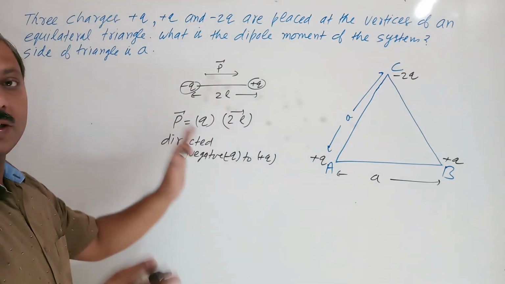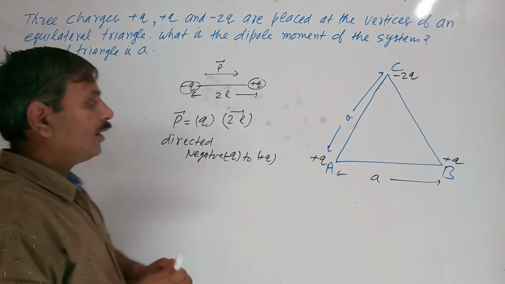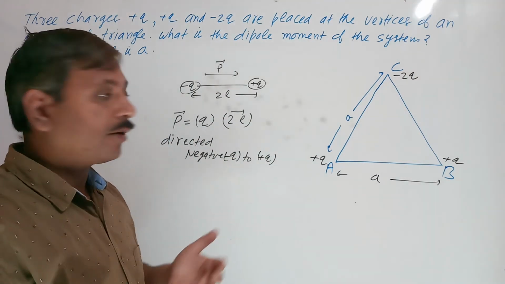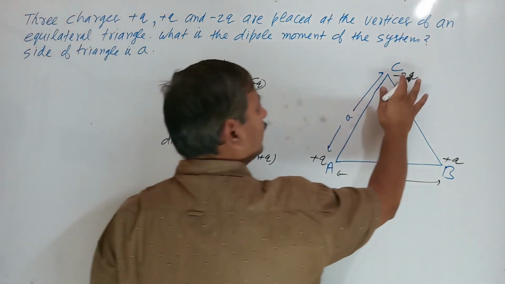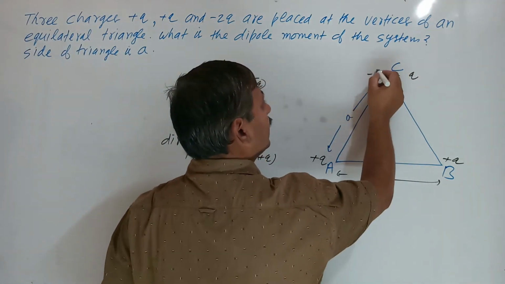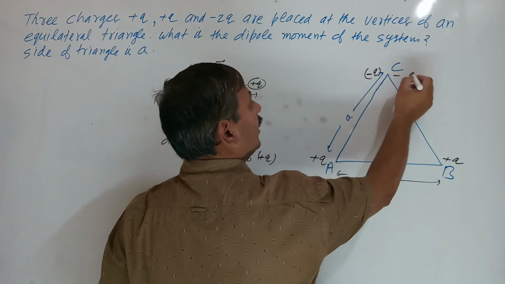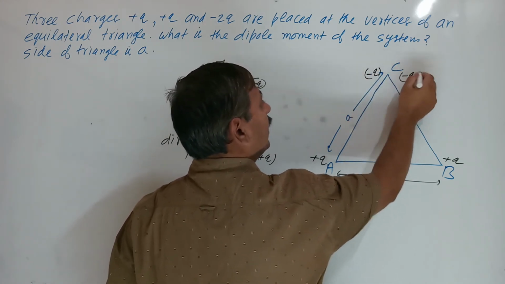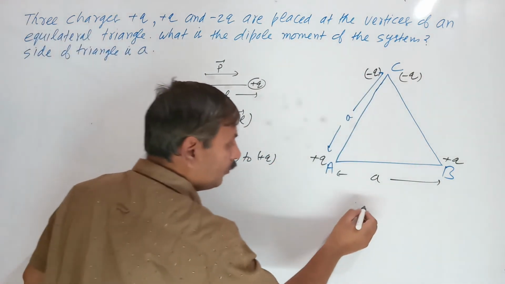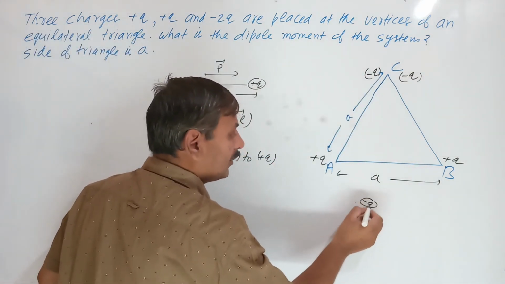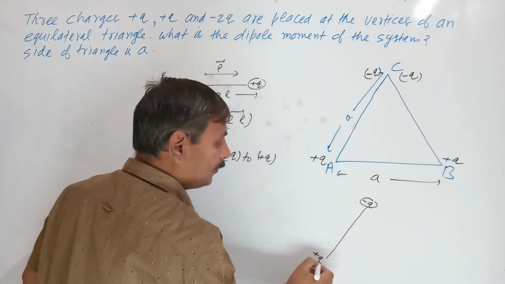Q into 2L. So see, here if you want to convert into two equal and opposite charges, this minus 2Q I can write as minus Q and minus Q, two charges. If I consider them, minus Q and minus Q will become minus 2Q. So what happens?